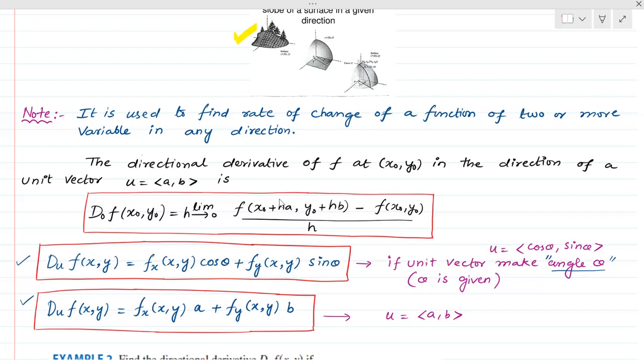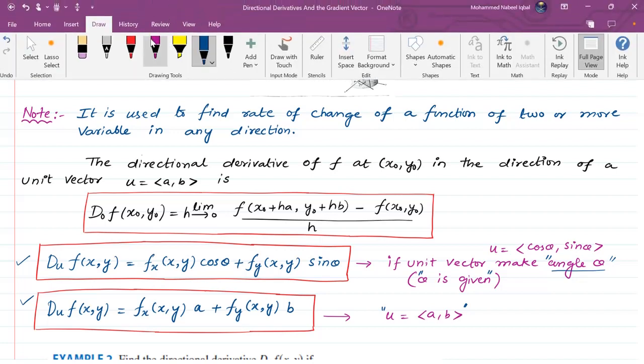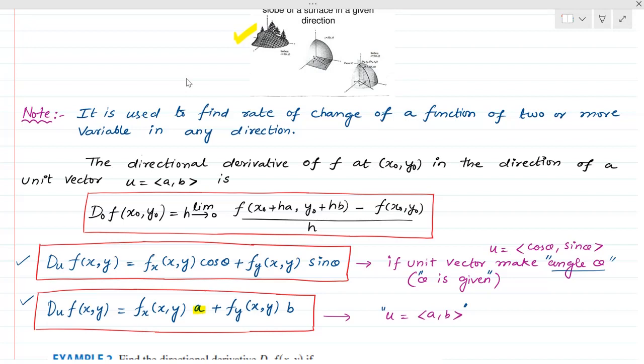So f_x, the partial derivative with respect to x, and f_y, the partial derivative with respect to y, you have to multiply by cosine theta and sine theta. Whenever theta is given, we are going to use this derivative formula. When the unit vector is given as a vector, we will use the other formula. So in place of cosine and sine, we will use directly a and b, the given vector.